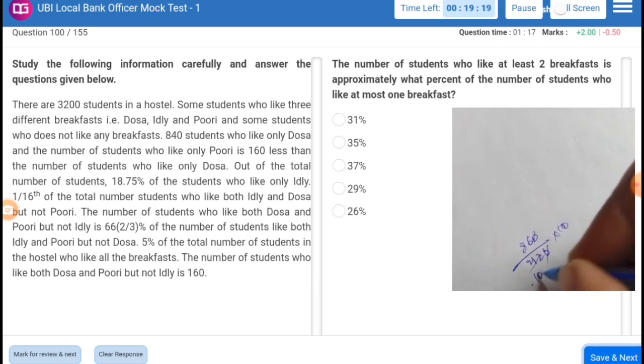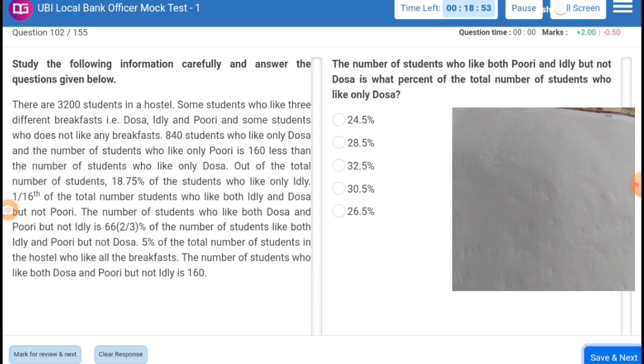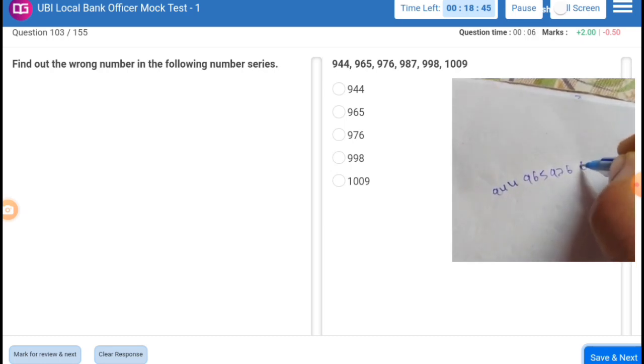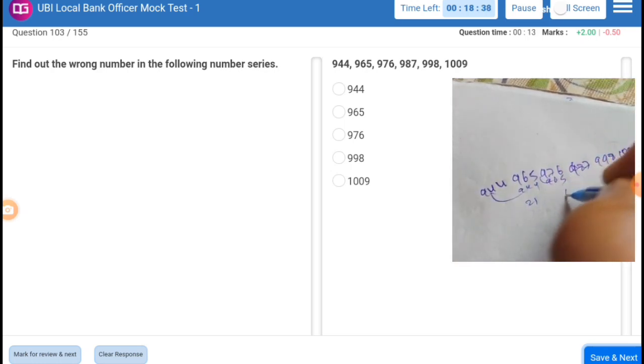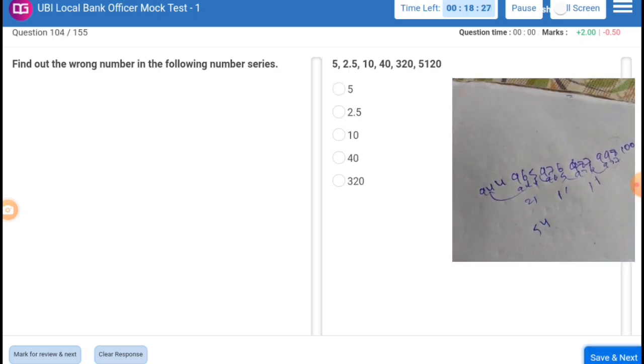Zero. So 944, 965, 976, 987, 998, 1009. So 944 is wrong.